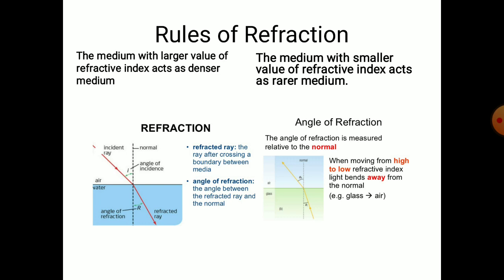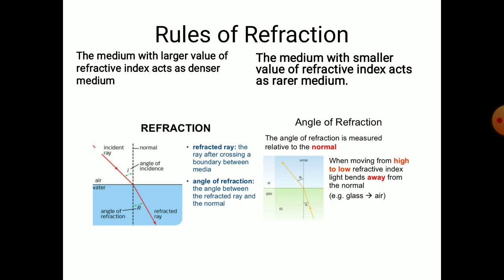Now, just now we have discussed that of the two media in contact, one is termed rarer medium and one is termed denser medium. The medium having a higher value of optical density and refractive index is regarded as the denser medium, and the medium with a smaller value of refractive index and optical density is regarded as the rarer medium.